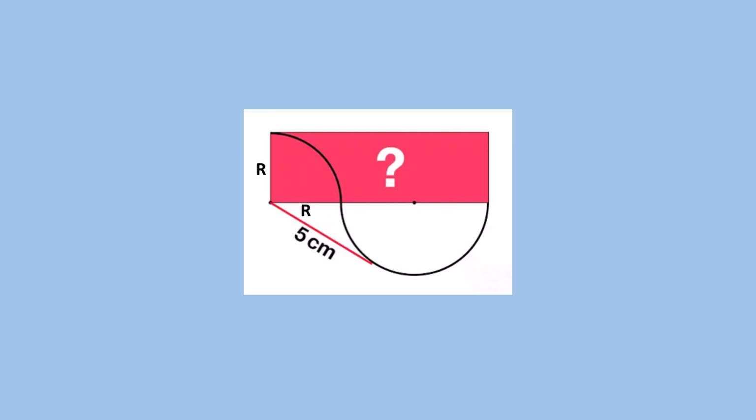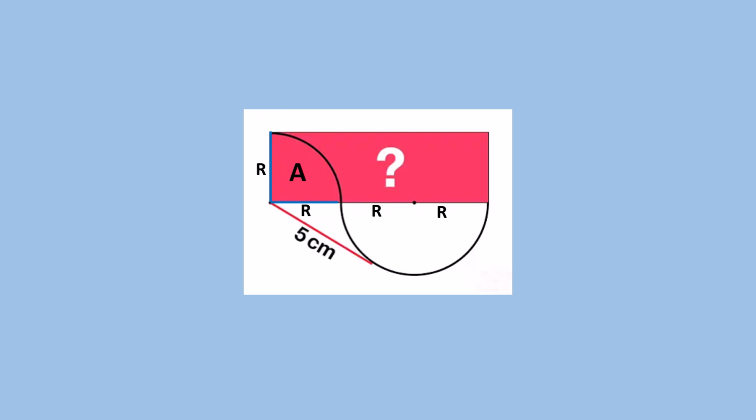Now let us see for the remaining part. If R is the radius of part A, then part B, that is a semicircle, will have a diameter 2R. So from the center of the semicircle, it is R this side and R that side.